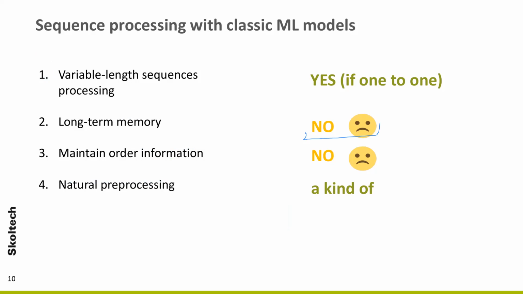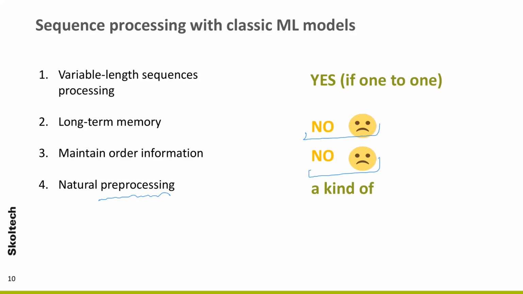We don't maintain order information here. Also, it's a problem to have preprocessing. We should put more emphasis on generating correct features. And as in all cases where we need good representations but all we have is something based on engineering or expert knowledge, we don't have perfect performance.